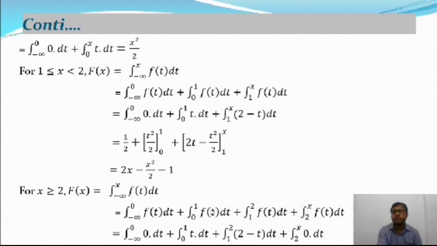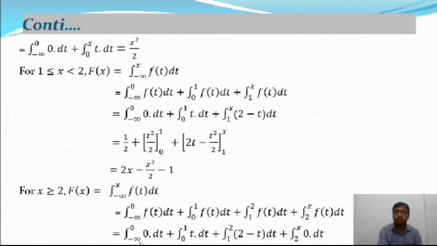So in the question, the density function is divided into 4 parts. In the interval 0 to 1 it will be x, and 1 to 2 it will be 2 minus x. So that's why this integration is divided into 4 parts.